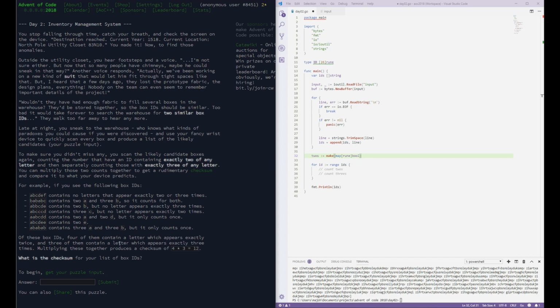Four of them contain a letter which appear exactly twice. So here you have compared twice. So we have 1, 2, 3, 4, 5. Okay, so you can only increment the count for each ID one time.